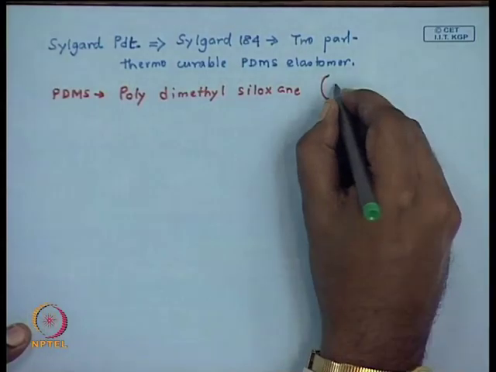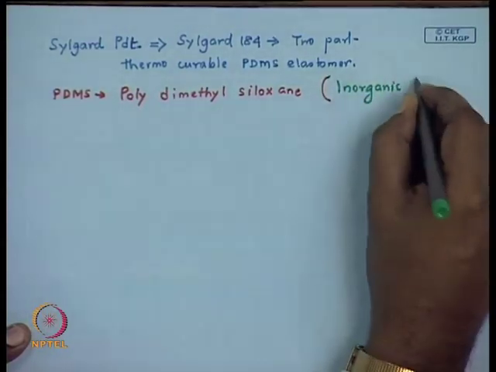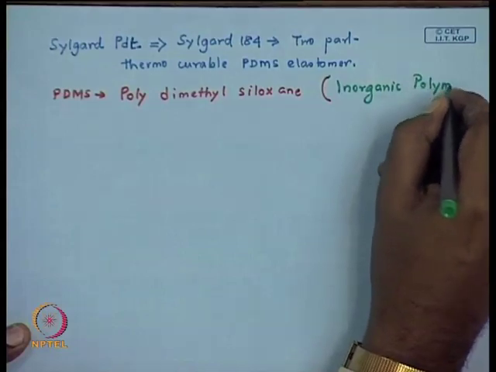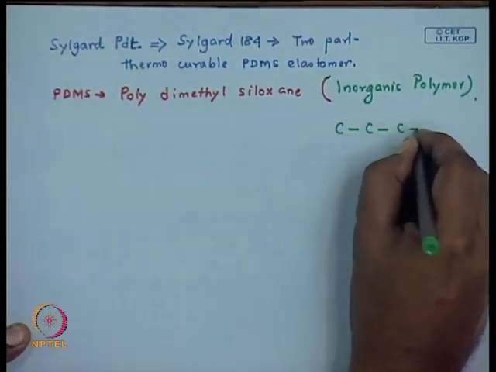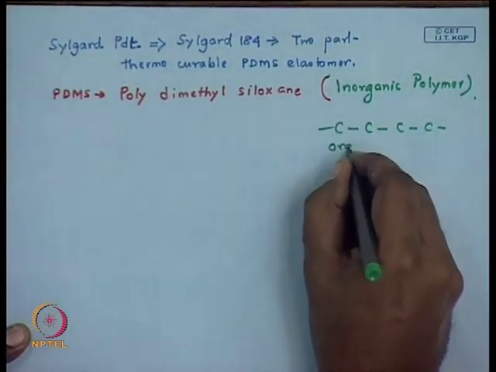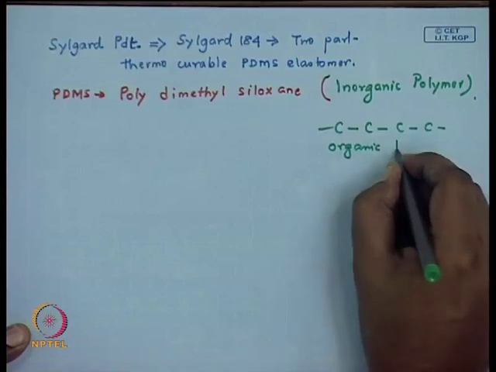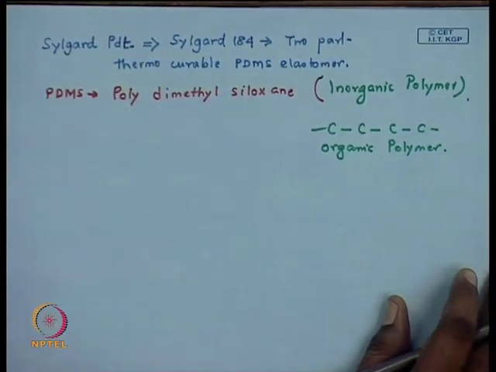It is a rare example of an inorganic polymer. Typically, we understand an organic polymer has a carbon-carbon backbone. This is what makes an organic polymer. Of course, you can have unsaturation somewhere, does not really matter.